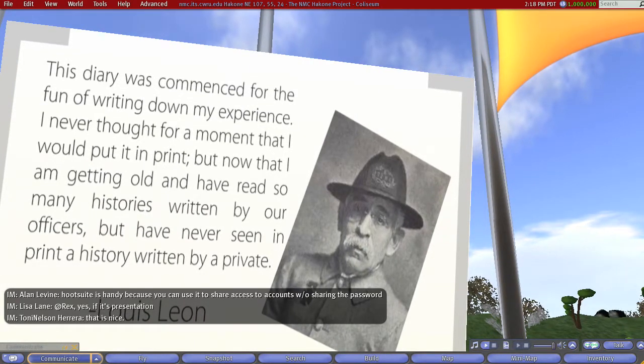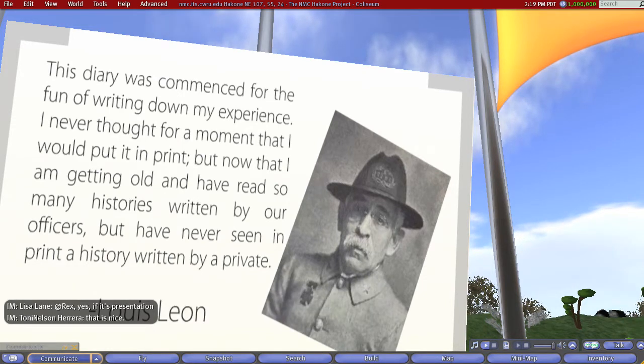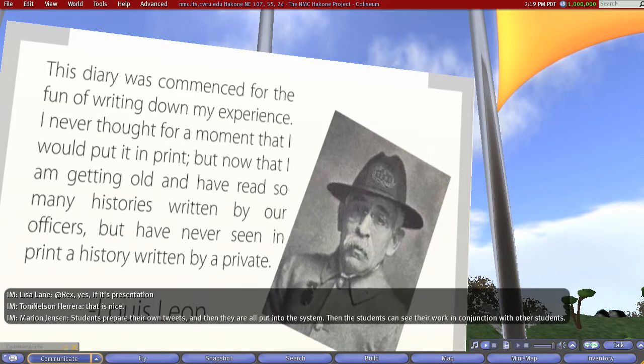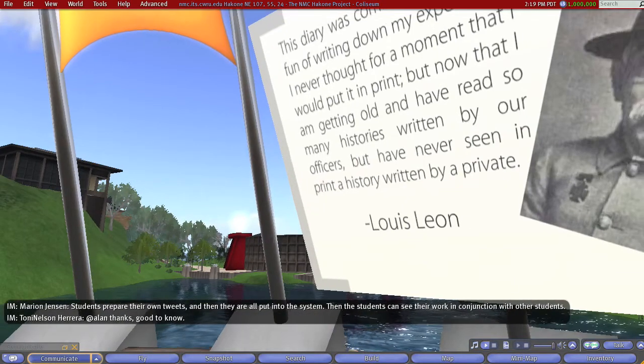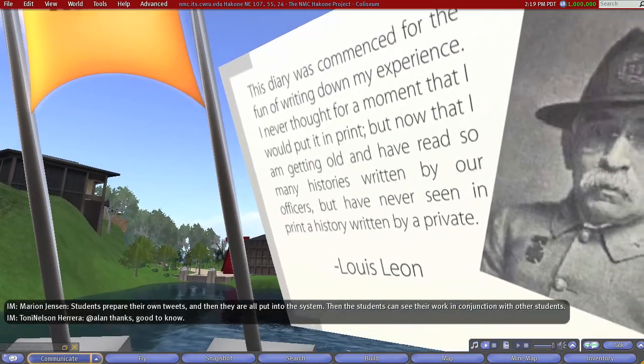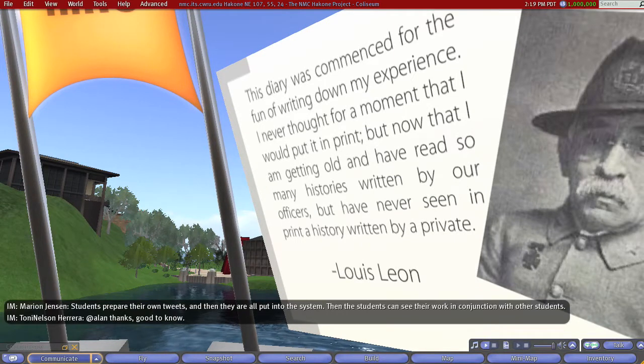So again, the idea here is that using Twitter, we can actually represent multiple perspectives on a particular historical event. Something that I think is important, especially since, in many cases, the saying is very true that history is written by the winners.